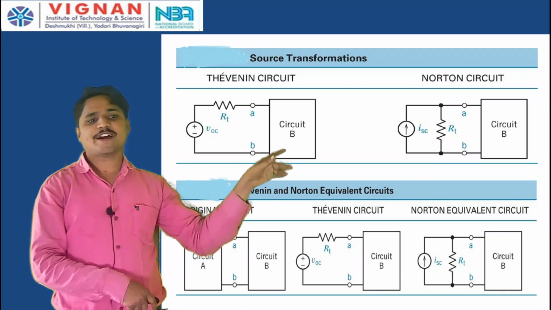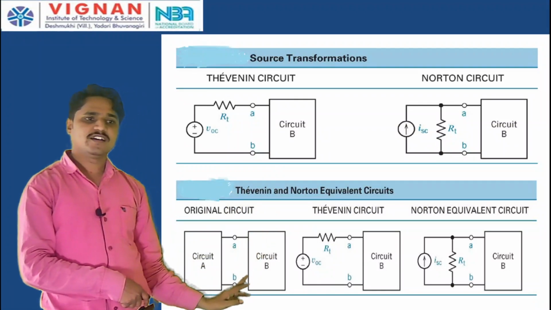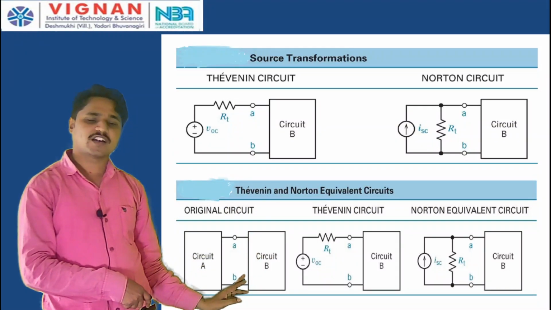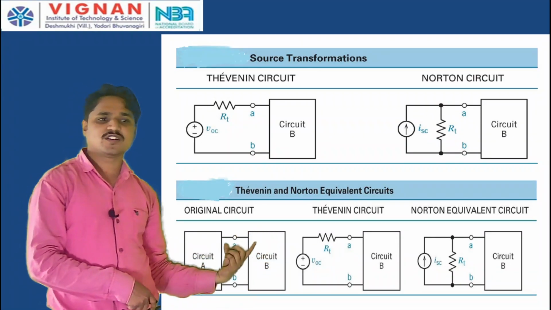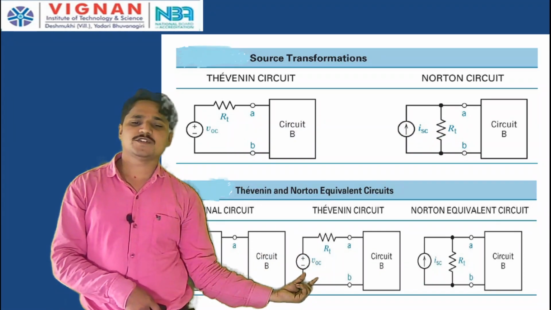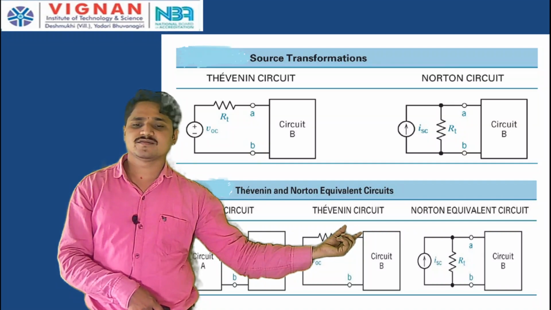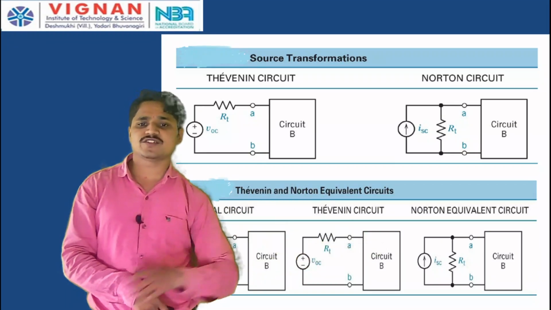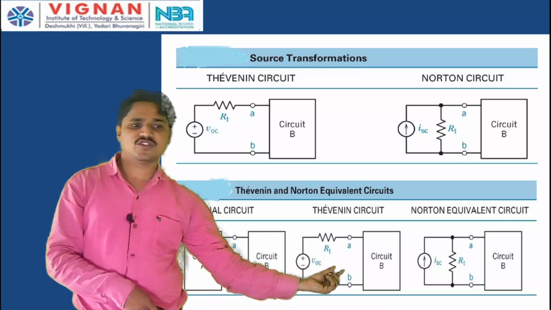We want to find the Thevenin equivalent circuit across the terminals A and B. So, we have converted this network into this: a voltage source, that is V Thevenin, the open circuit voltage, in series with the resistance, that is R Thevenin. Circuit B remains the same.